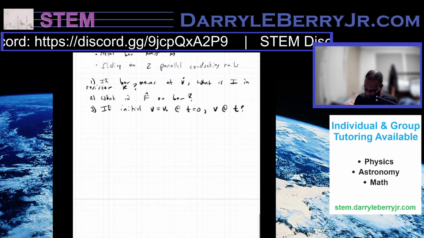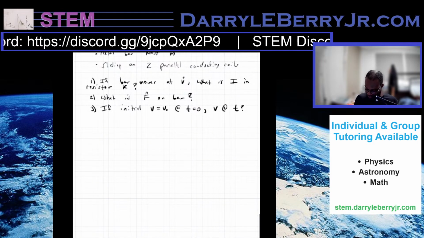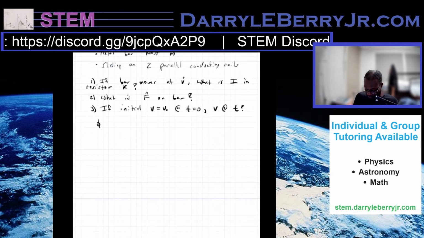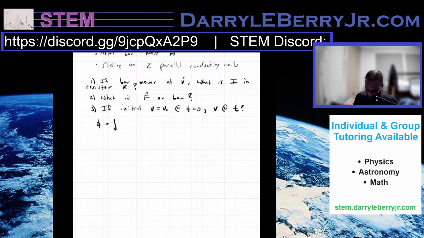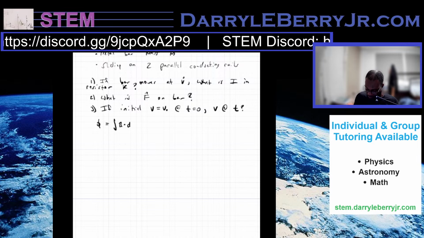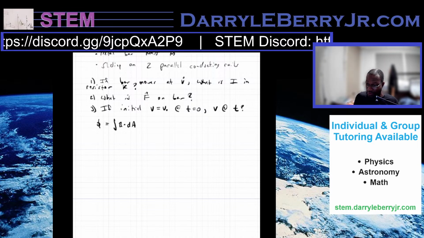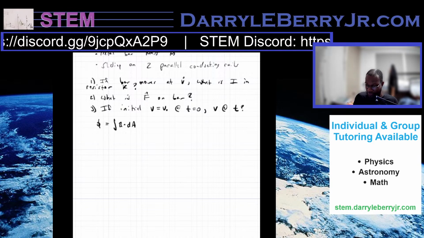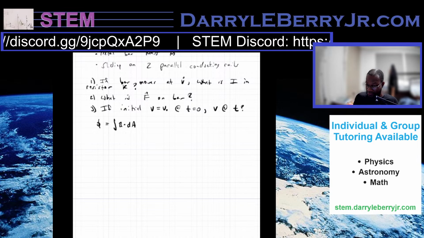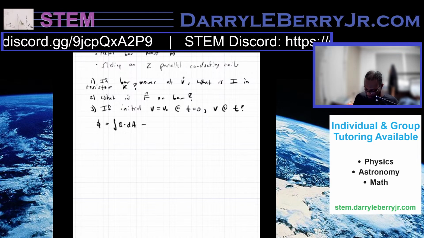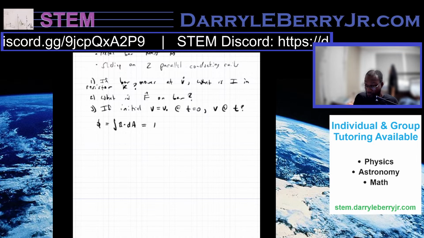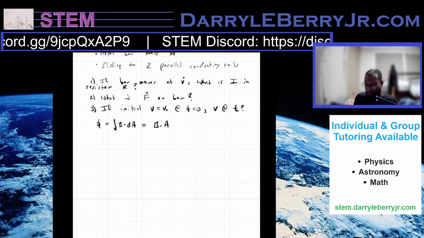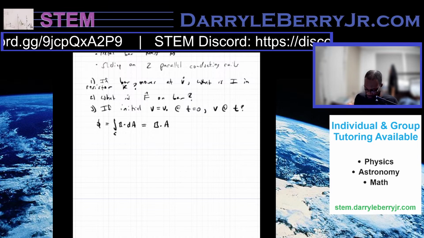So the first thing: the bar moves at V. What is the current in the resistor? We'll be using the equation flux is the integral of the magnetic field dot dA, which equals B dot A. Basically, I'm integrating over the surface.